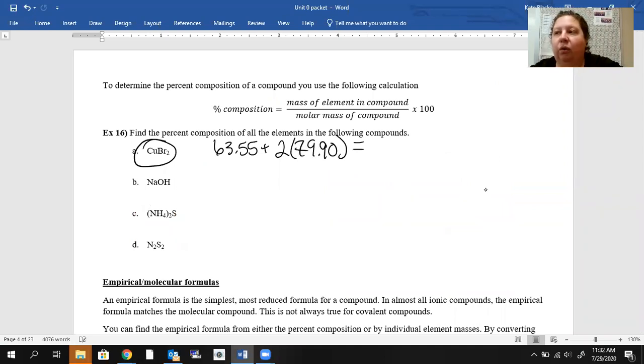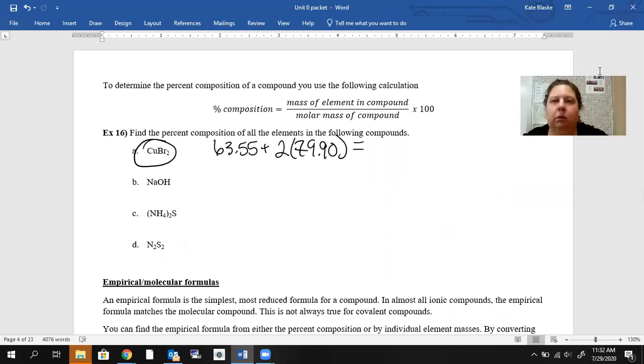That will give us our overall molar mass of this compound. Had to go grab my calculator real quick. If you add those together, you get a total mass of 223.35 grams per mole for copper bromide, copper 2 bromide, right?